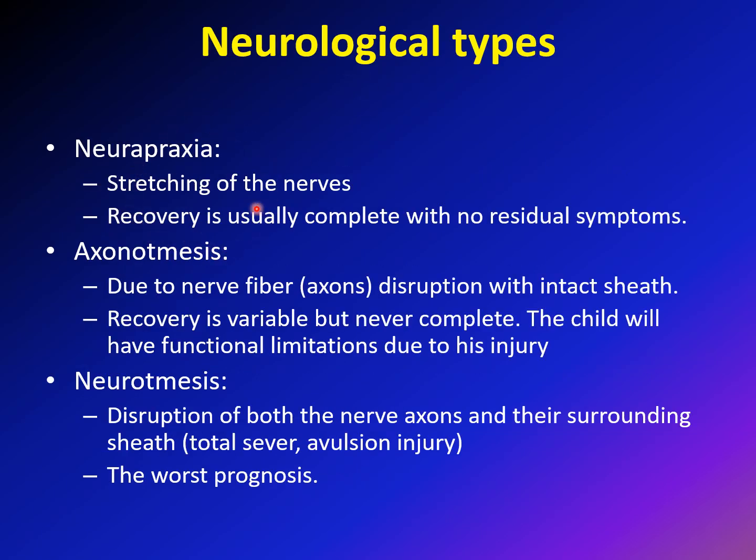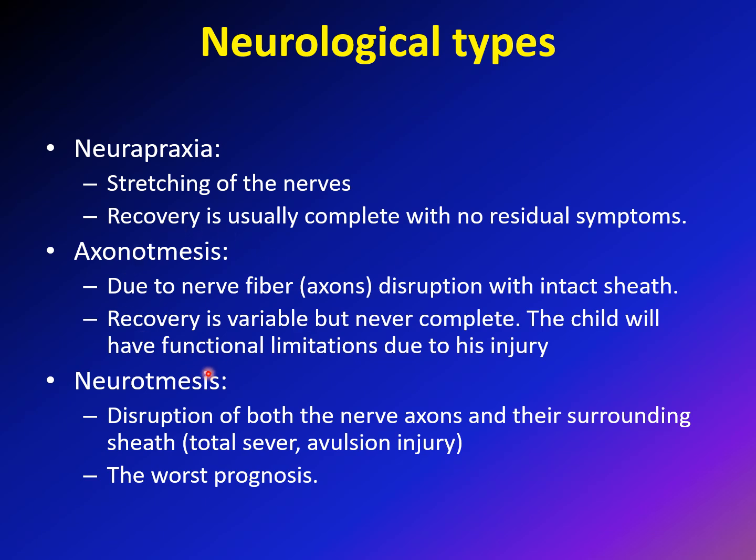Pathophysiologically, the neurological affection in Erb's palsy can be either neuropraxia, axonotmesis, or neurotmesis. Neuropraxia basically means stretching of the nerve, and this usually recovers completely with no injury. Axonotmesis means that the axon has been injured, however, the sheath around it is intact.